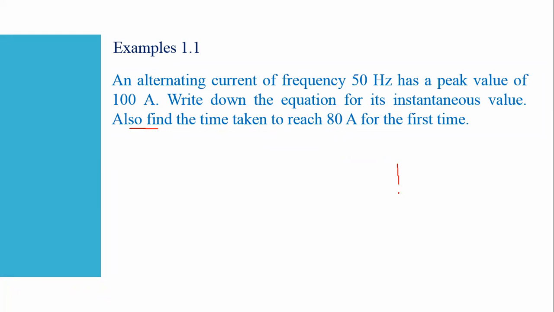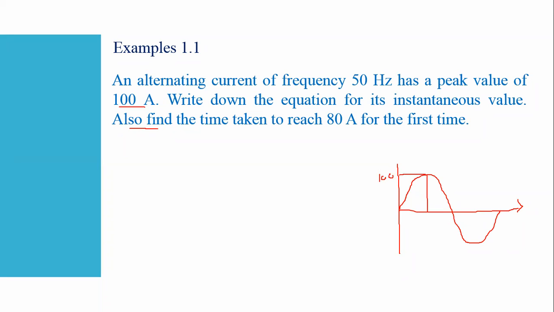So first of all, I'm drawing one waveform over here so that you are getting the idea. Okay, this is one waveform and the maximum value is 100. That means somewhere over here I'm getting 100 ampere.